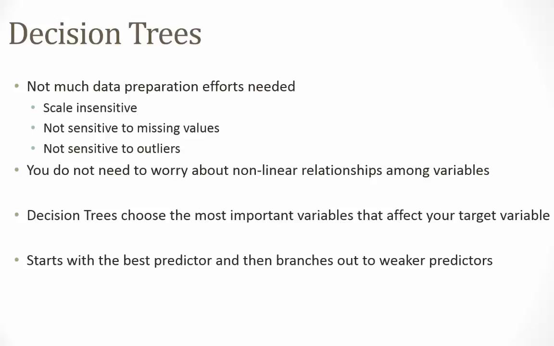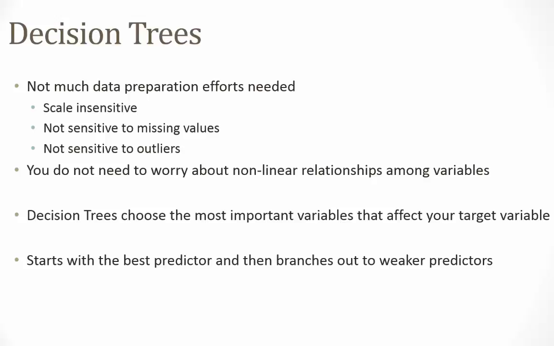You know that regression is somehow scale sensitive, so when you have scales that are varying a lot from each other, it's better to look at the standardized coefficients and pay more attention to them as opposed to regular coefficients. Missing values are not good for regressions, and regression is very sensitive to outliers because both missing values and outliers can move your average.